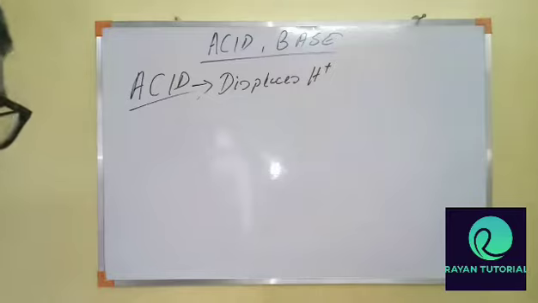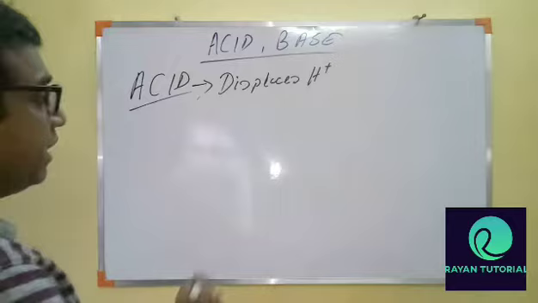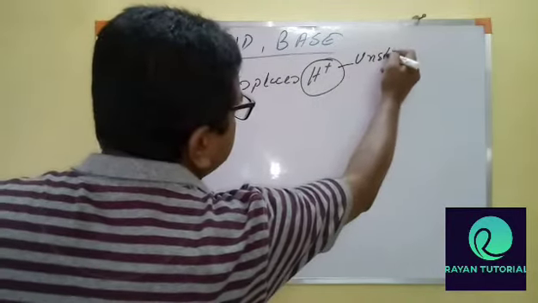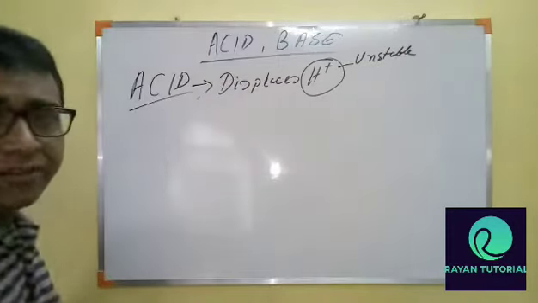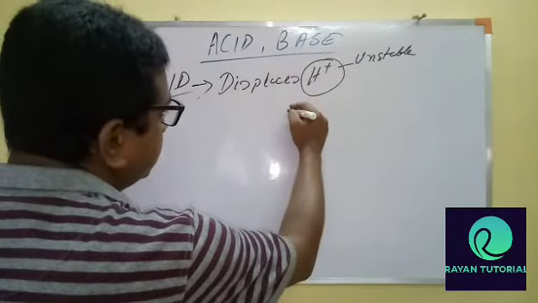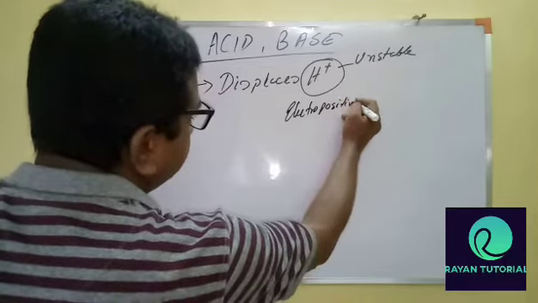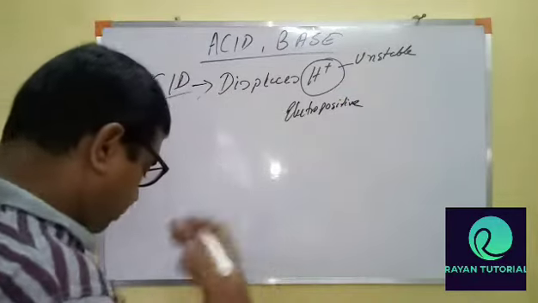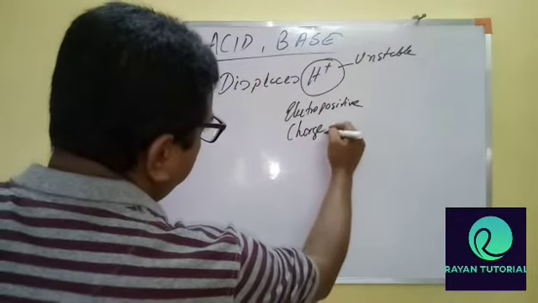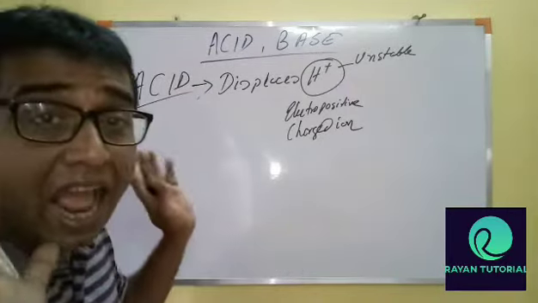Now this hydrogen ion is very unstable. It's always electropositive. It's a charged ion.